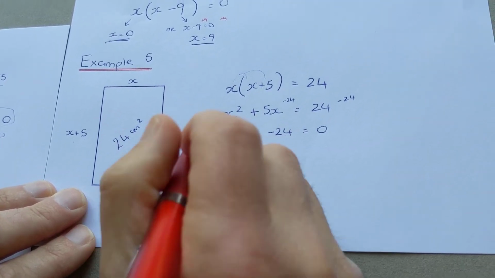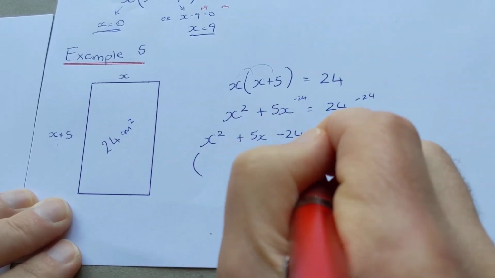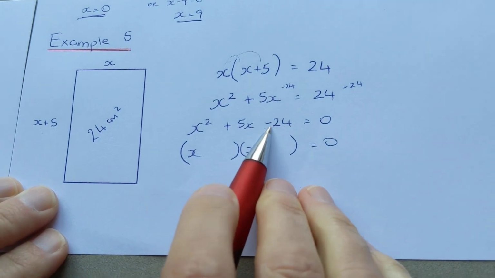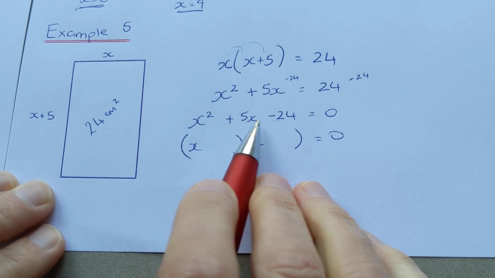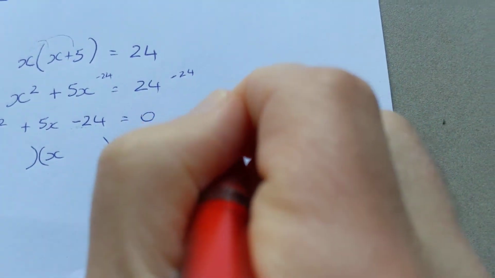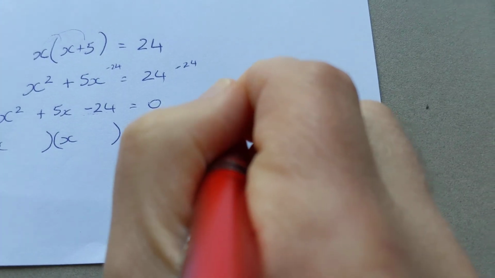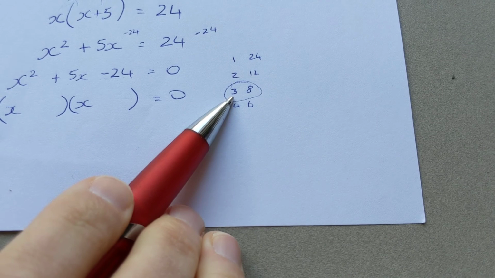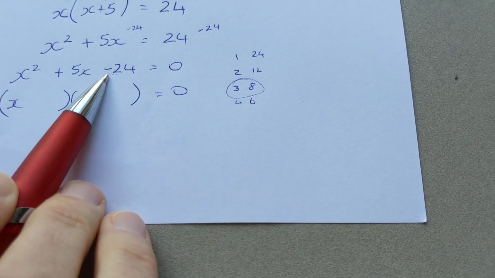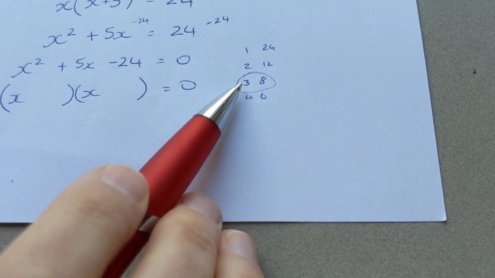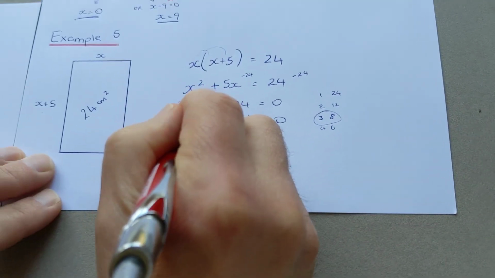X squared, number by itself, that means 2 brackets, equals 0. Okay, I need factors of negative 24, which add together to make 5. So I'll just do that over here. We've got 1 and 24, 2 and 12, 3 and 8, 4 and 6. 3 and 8 is the one that's going to make 5. Now, one of them has to be negative because I've got negative 24 here, and one of them has to be positive.